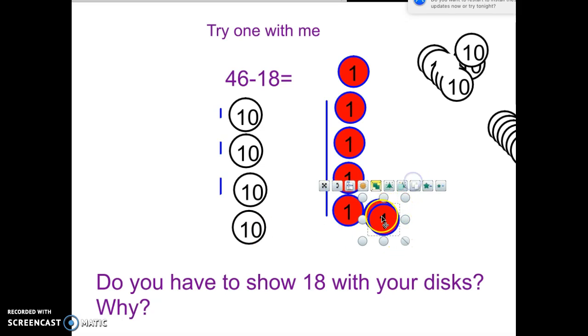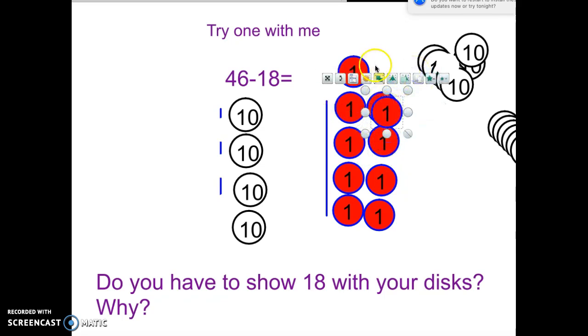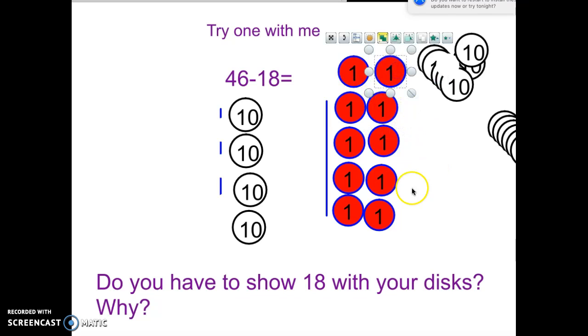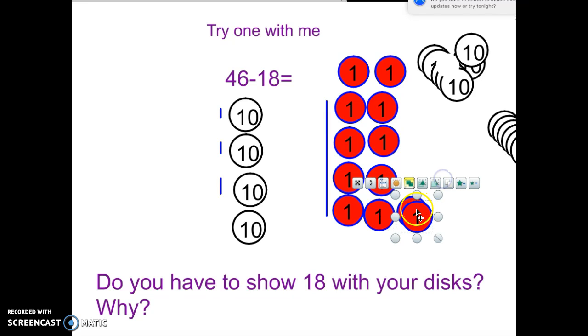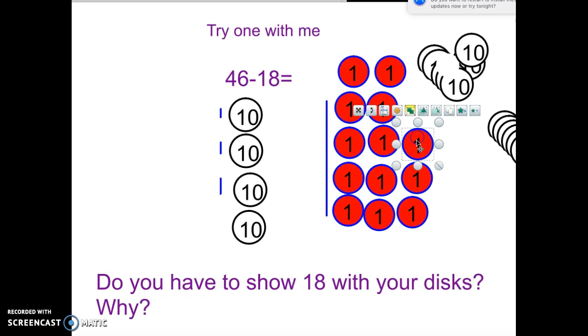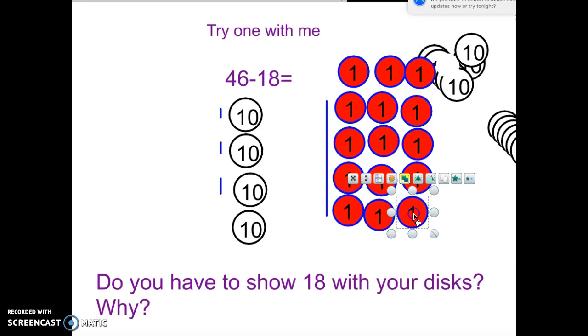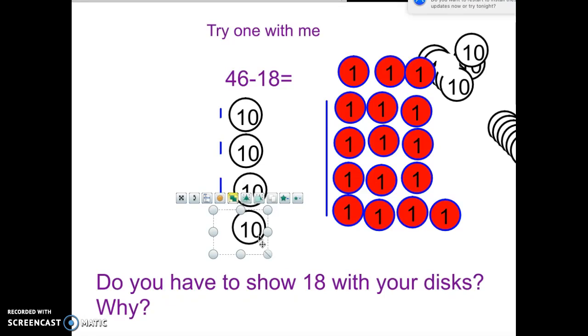I'm going to put 1, 2, 3, 4, 5, 6, 7, and you should be doing this too, 8, 9, and 10. Now, I unbundled this one, so this one goes away.